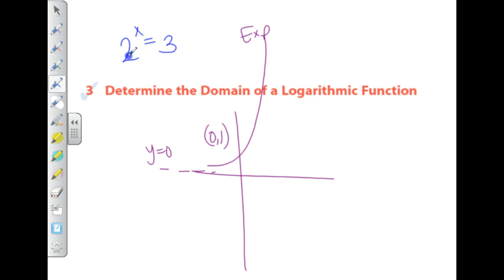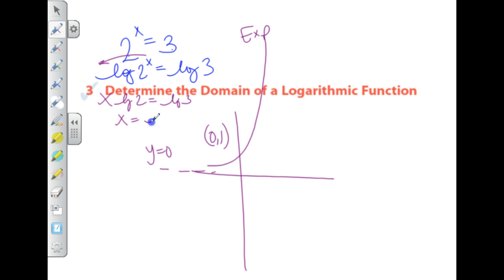When you don't know 2 to the what power equals 3, in order to solve this, you can do whatever you want as long as you do it to both sides. So we could log both sides, use our log properties, bring that x down front, and this will help us solve for that x. All we have to do is type in the log of 3 divided by the log of 2, and that decimal would be a good answer for 2 to that decimal should equal 3. So logs undo exponents. They are inverses.